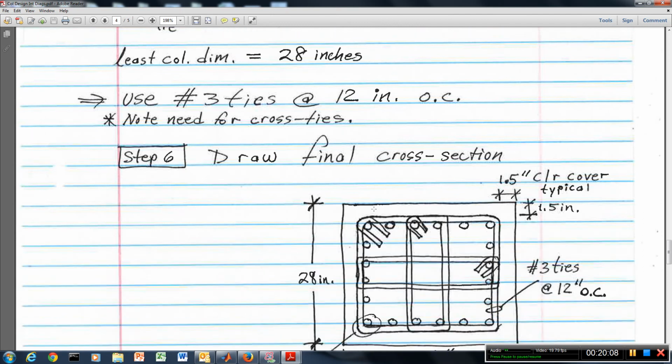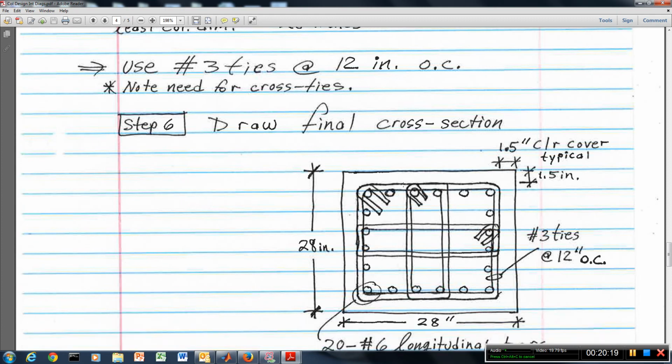Now, we also need to note here that we are going to have cross ties. There are requirements in the ACI code that say that every other bar needs to have a cross tie. It needs to be either in a corner or enclosed in some sort of hook that is holding that column in place to prevent it from lateral movement.